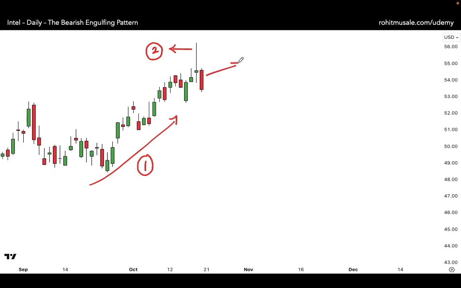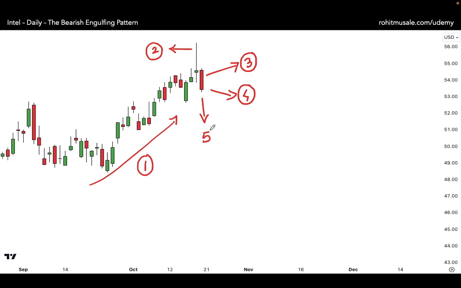The third condition is the second candle must be a tall black real body or a tall red real body. Fourth condition is the second candle real body must completely engulf the first candle real body.